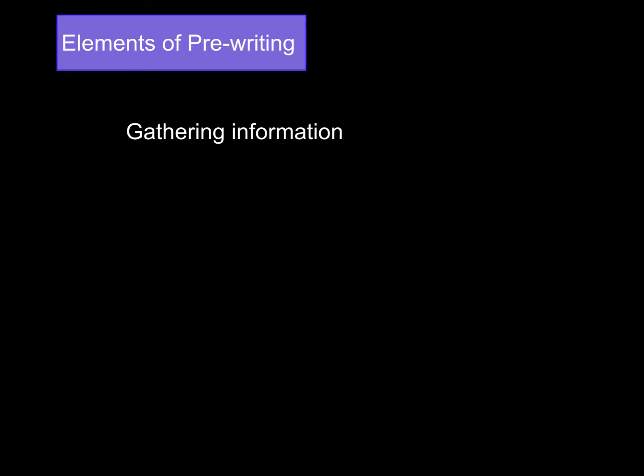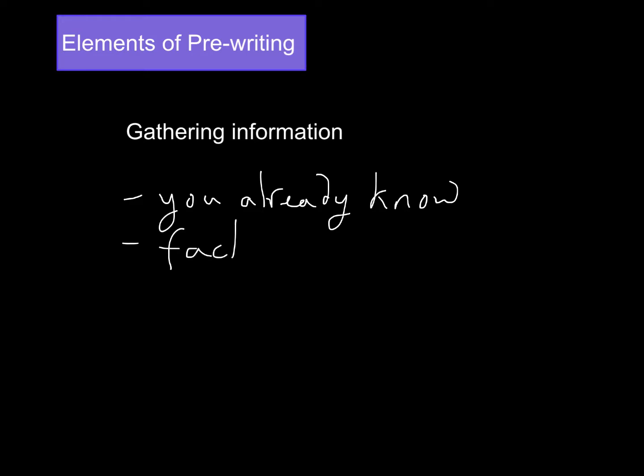Along with identifying purpose and audience in brainstorming, another important part of pre-writing is gathering information. And sometimes this might be general information you already know. Sometimes this might include looking up facts and figures. And sometimes it might include researching the opinions or perspectives of others about a topic.